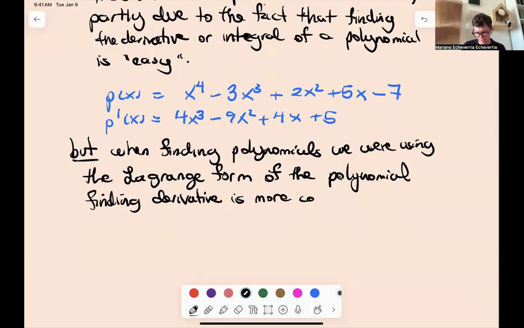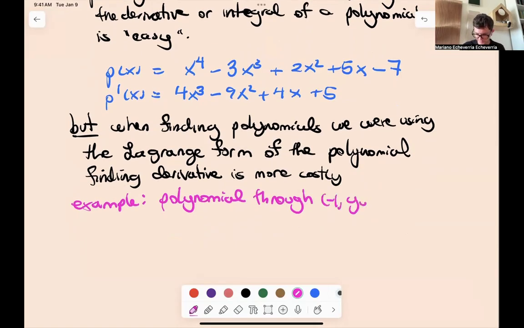So just to give you a quick example, if you were trying to find the polynomial, let's say through these points, -1, y0, 0, y1, and 1, y2.